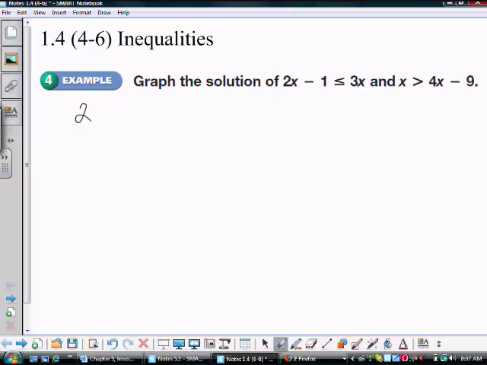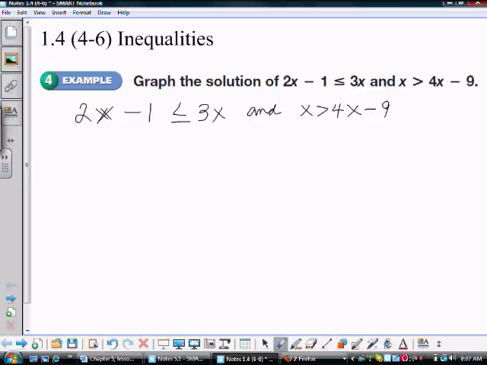I'll go 2x minus 1 less than or equal to 3x, and x greater than 4x minus 9.